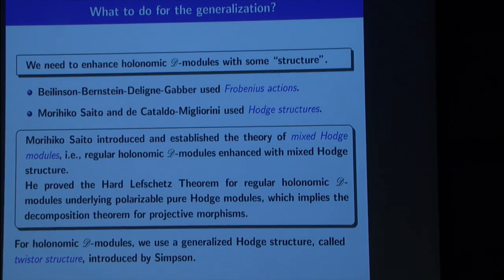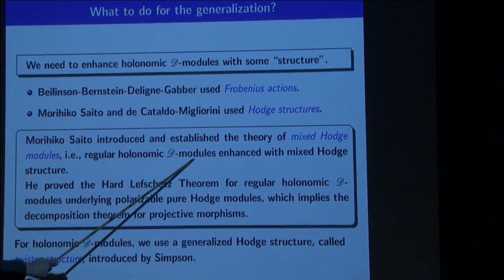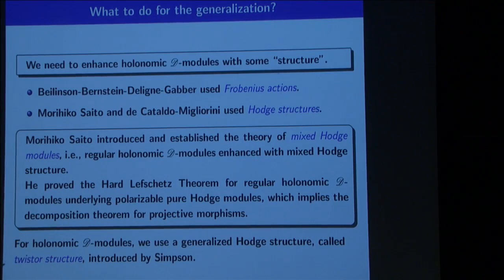Morihiko Saito introduced and established the theory of mixed Hodge modules, which roughly means regular holonomic D-modules enhanced with mixed Hodge structures. But it is a very difficult and challenging problem to define mixed Hodge structure in the context of regular holonomic D-modules. He introduced a very nice idea using nearby cycle functors and vanishing cycle functors, and he solved many problems to prove his work worked well.